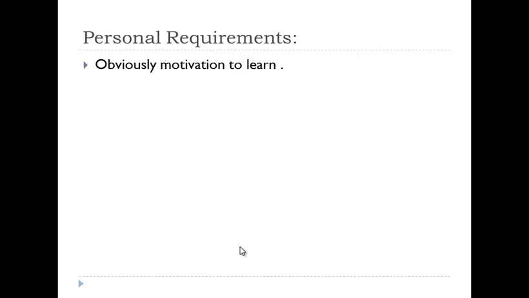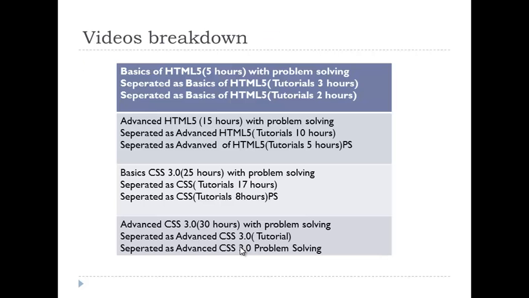So personal requirements, you will need to be motivated in order to learn, and here are the videos that I'm going to propose. First of all, we're going to go through the basics of HTML5 tutorial.